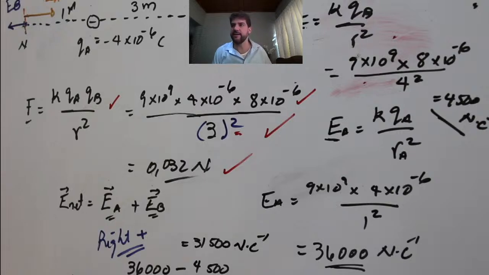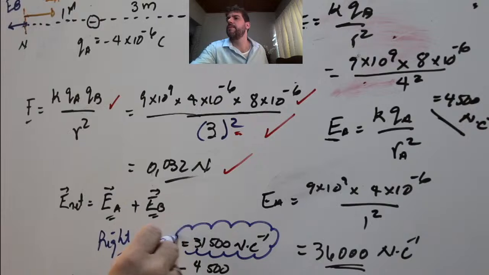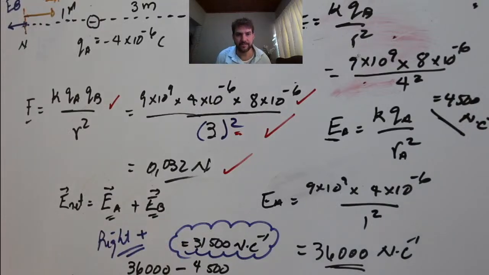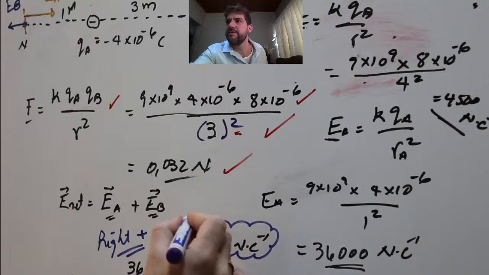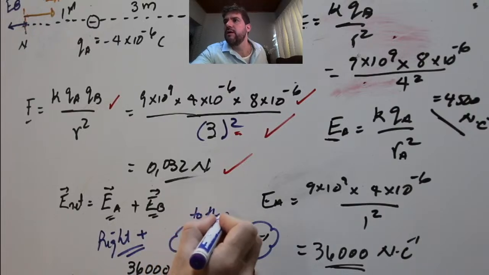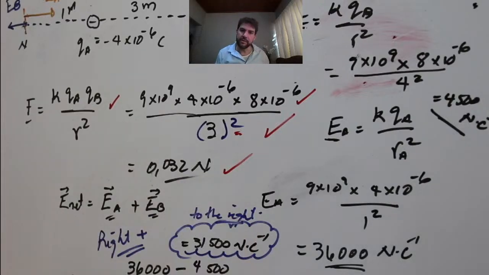This one is the answer here. In what direction? Well, the answer is positive. We said right is positive. It means this one is to the right. There we go. And that is the answer for the question. It's not so bad. You can get a lot of marks here.